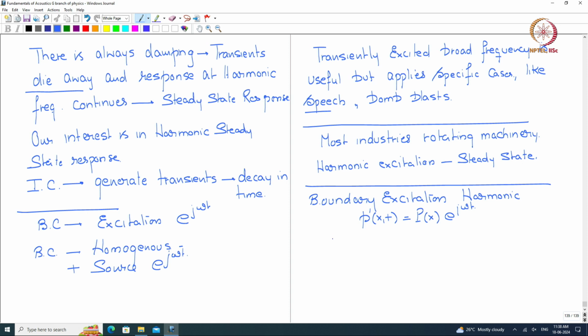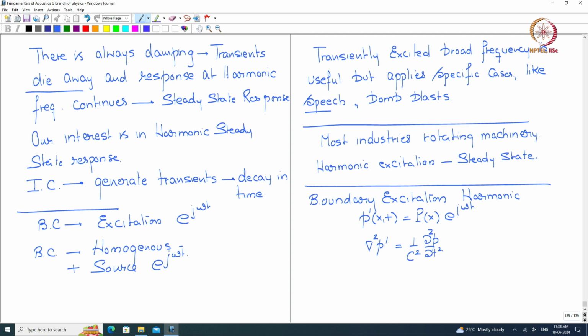If I substitute it into my wave equation, del square P dash is equal to 1 over c square del 2 P by del t square.